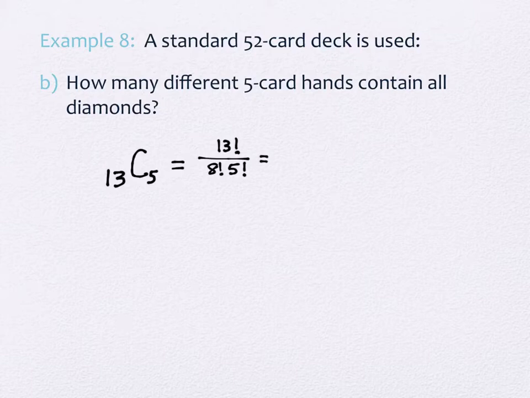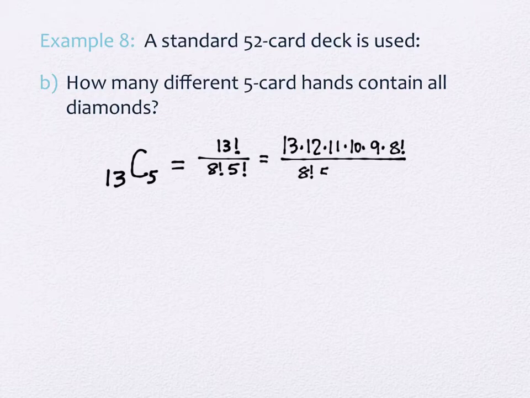We're going to write the 13 out till I get to 8. 13, 12, 11, 10, 9, and 8 factorial. And then 5, 4, 3, 2, and 1. You said that you don't have to write the 1, right? You don't have to. It wouldn't hurt anything. Yeah, if you left it off, it doesn't matter because it won't change the value.